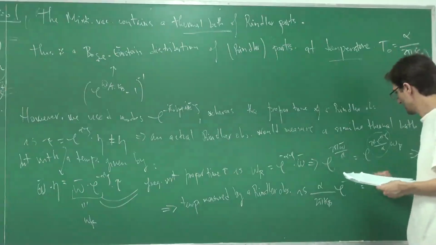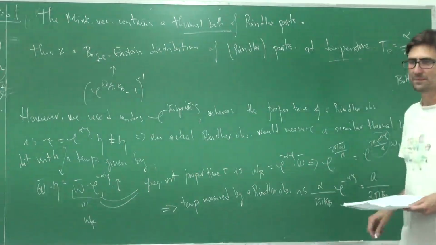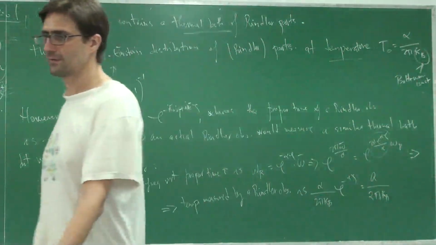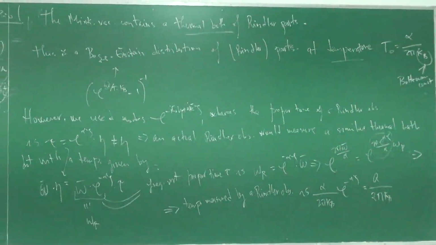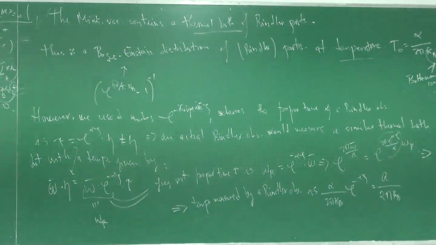And this is really the acceleration. If you go back to the notes, what we did at the start of Rindler observers, this is the acceleration of the Rindler observer.